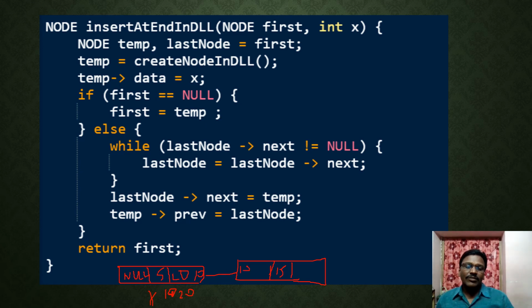So 1, 0, 2, 0, this one 2, 0, 1, 0. These are the null.